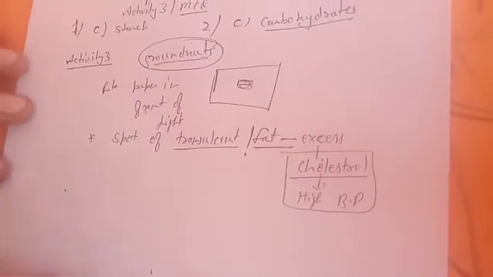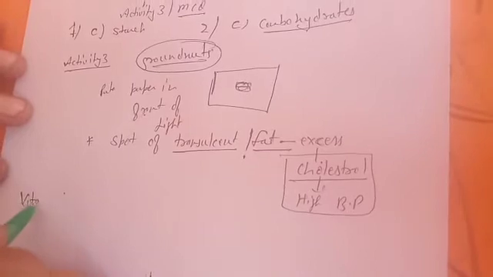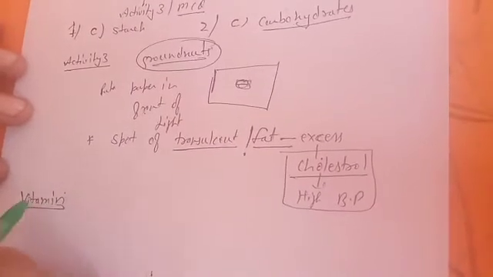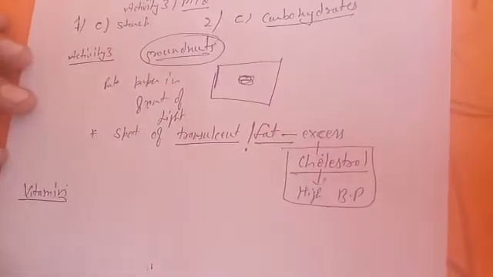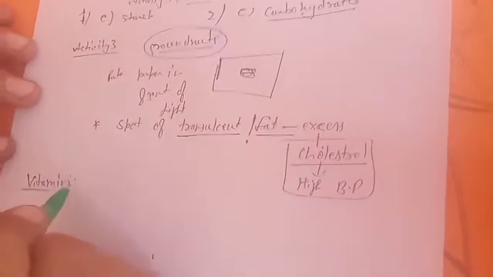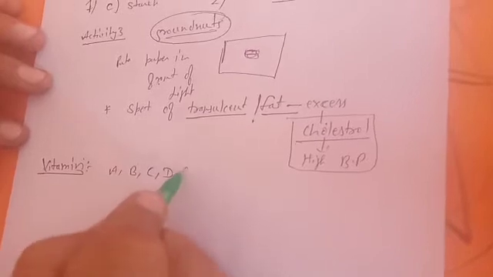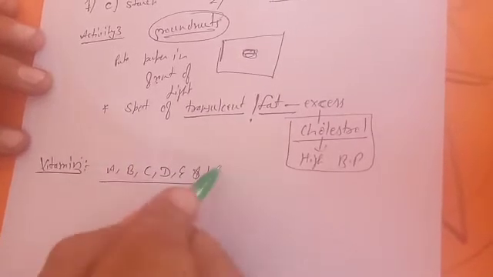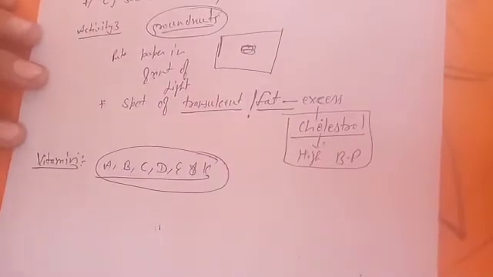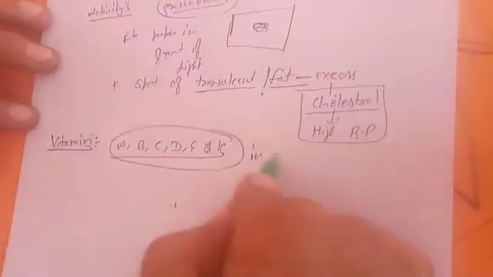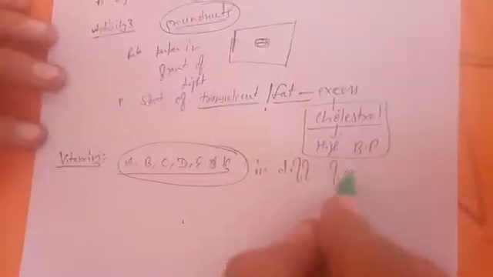Now our topic is vitamins. This is an important nutrient that exists in food. Various kinds of vitamins exist, like A, B, C, D, E, K, in different foods.